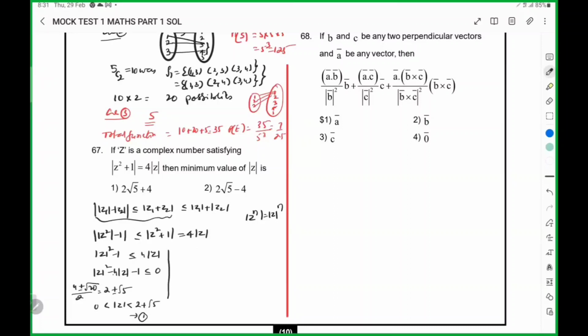Another possibility here is that mod z square minus 1 of minus, which is less than 4 mod z. So 0 is less than mod z square plus 4 mod z minus 1.